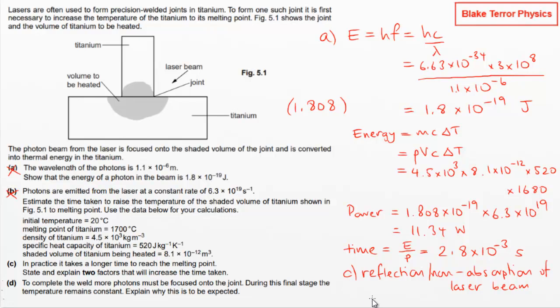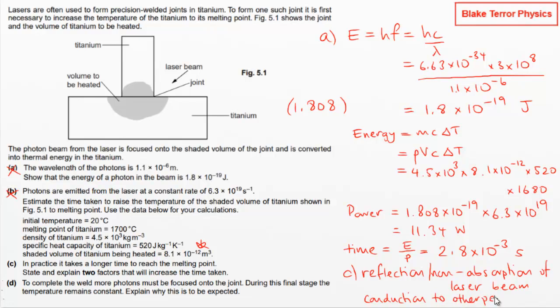So that's one thing. Or the other thing that we've got is heat being radiated away in some fashion, heat being lost from that joint. Now, considering the specific heat capacity of titanium, this is mostly going to be conduction outside of the heated zone. So we could say conduction to other parts of titanium.